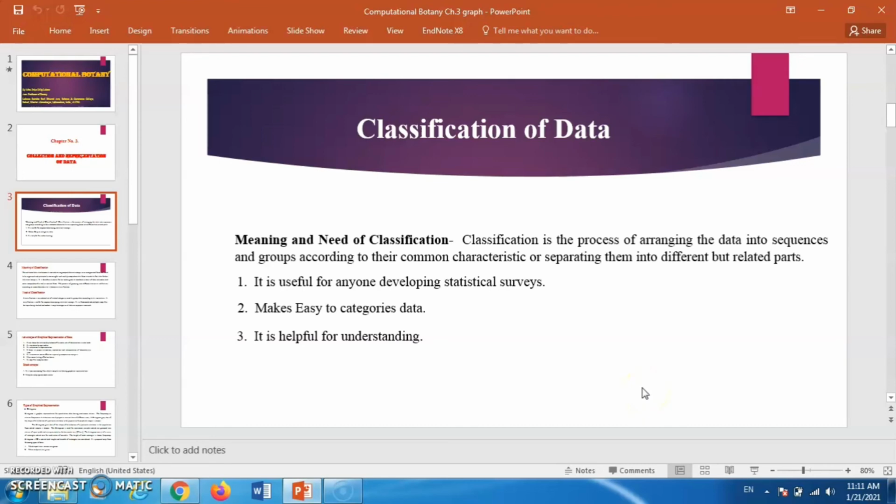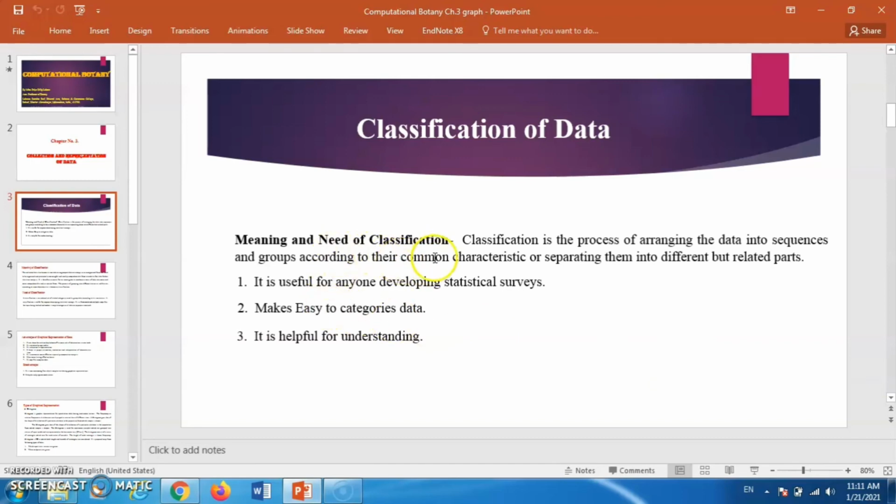So we are going to see all these graphical representations of data as well as the data which we can explain in tabulated form. Okay, without wasting time, let us see about the classification of data.